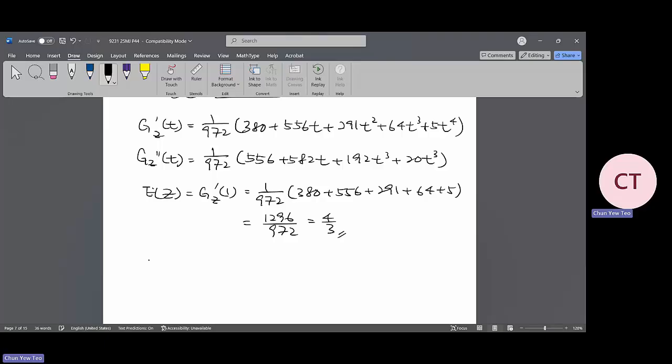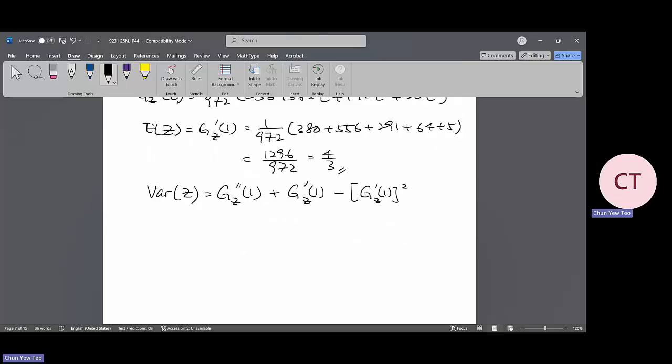That is your mean. To find the variance, you need to find G double prime of 1 plus G prime of 1 minus G of 1 squared. So this is the formula.